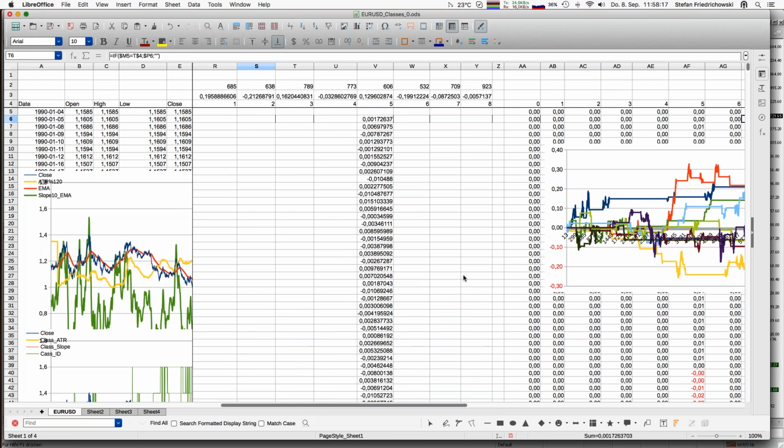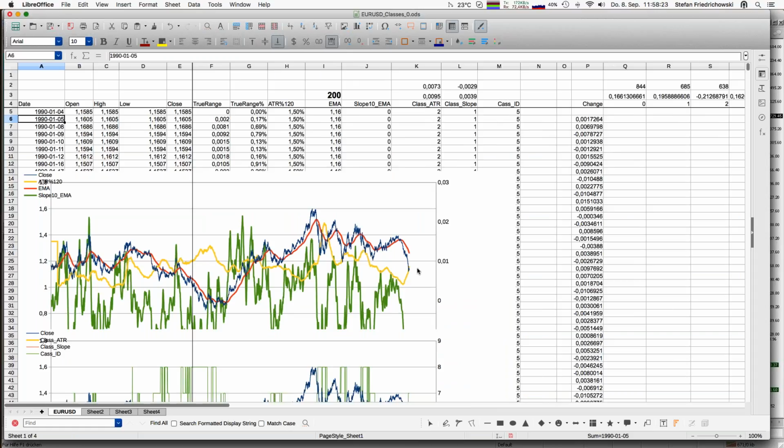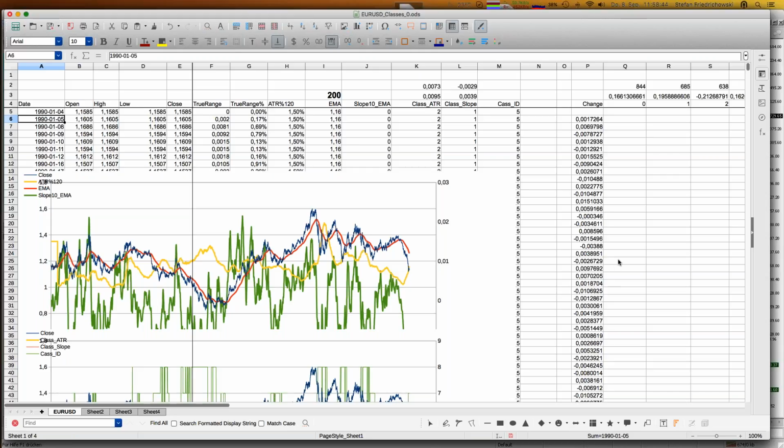As you know, within this chart we have everything, and more or less for 20 years it happened nothing, so to say. We started here at 1.2 and we are still at around 1.2, so it's more flat behavior, and nevertheless we could identify different classes for different kinds of trading setups.